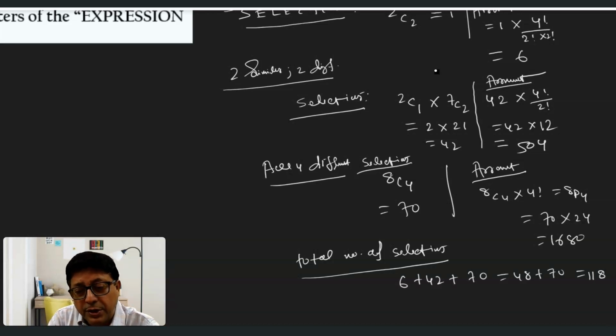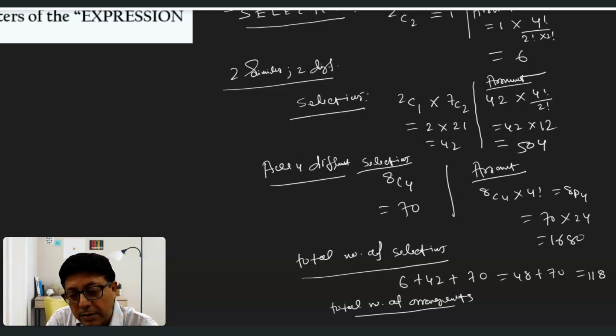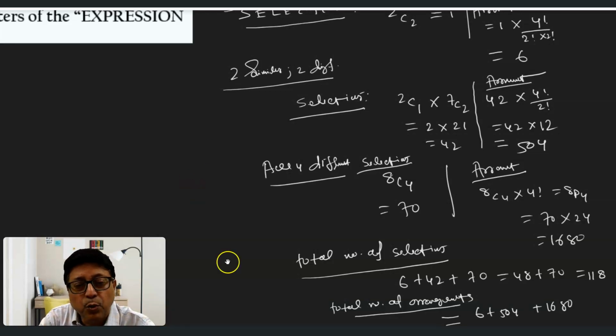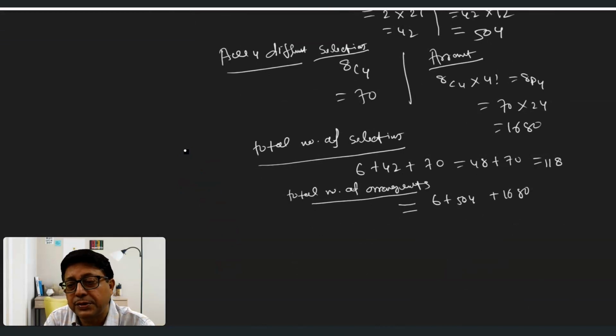Total number of arrangements is going to be equal to 6 plus 504 plus 1680.